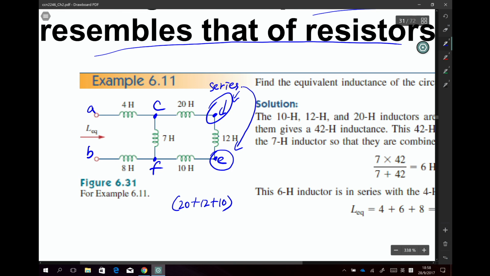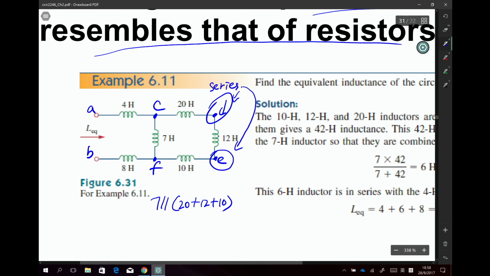Okay? And when you reduce this path into a single inductor, you find that the inductor connecting to CF, and CF also containing another inductor, 7 Henry. So this path, this inductor should be parallel connection.